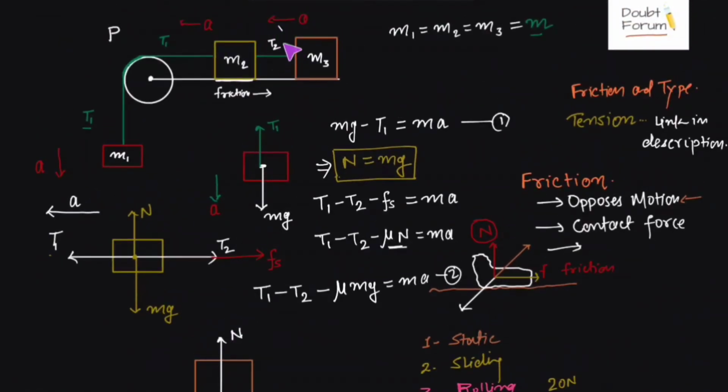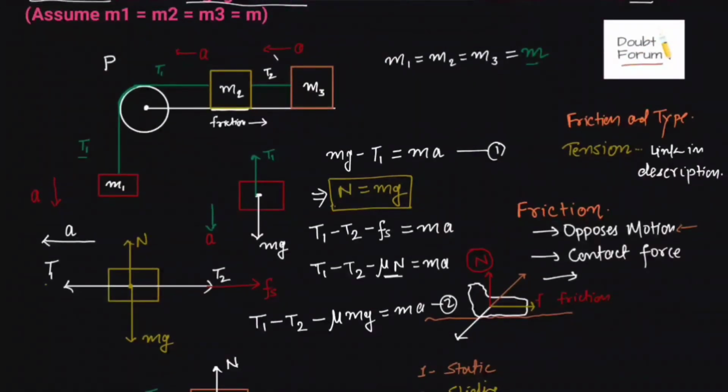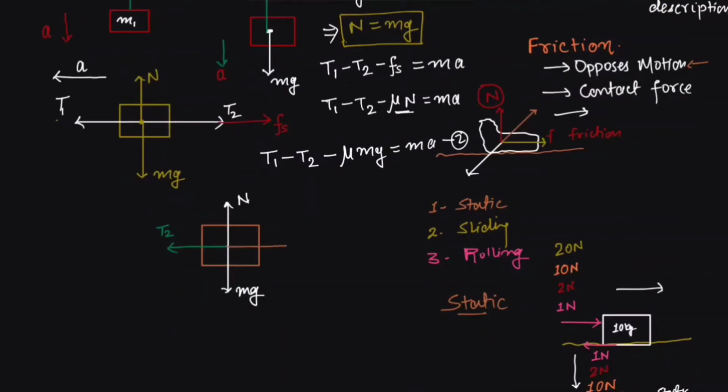It is attached to the string, so the string would be pulling this block with the same amount of force as tension in the string. So T2 would be the force to the left side of this block. And when this block starts moving to the left side, this contact surface would apply a force of friction in this direction. So this would be the force of friction, or sliding friction.